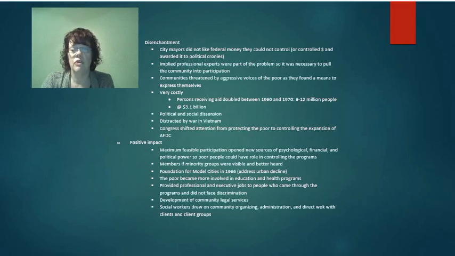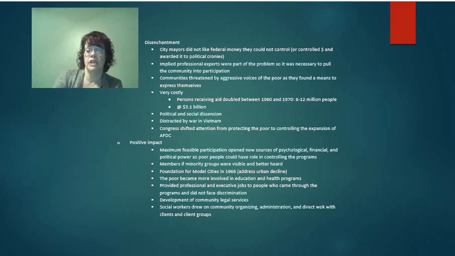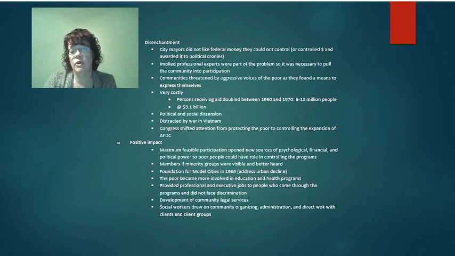The poor became more involved in education and healthcare programs. It provided professional and executive jobs to people who came through the programs and did not face discrimination. The development of community legal services. Social workers drew on community organizing, administration, and direct work with clients and client groups.